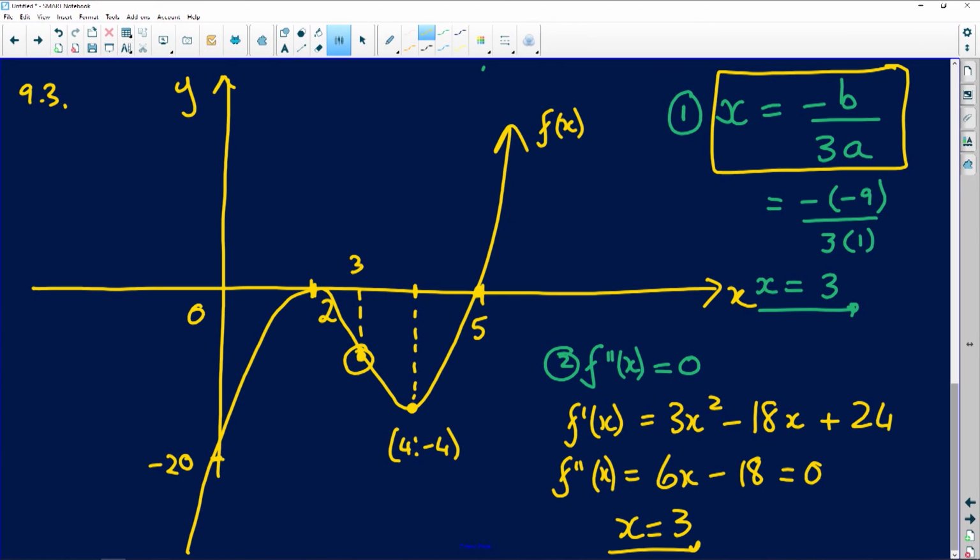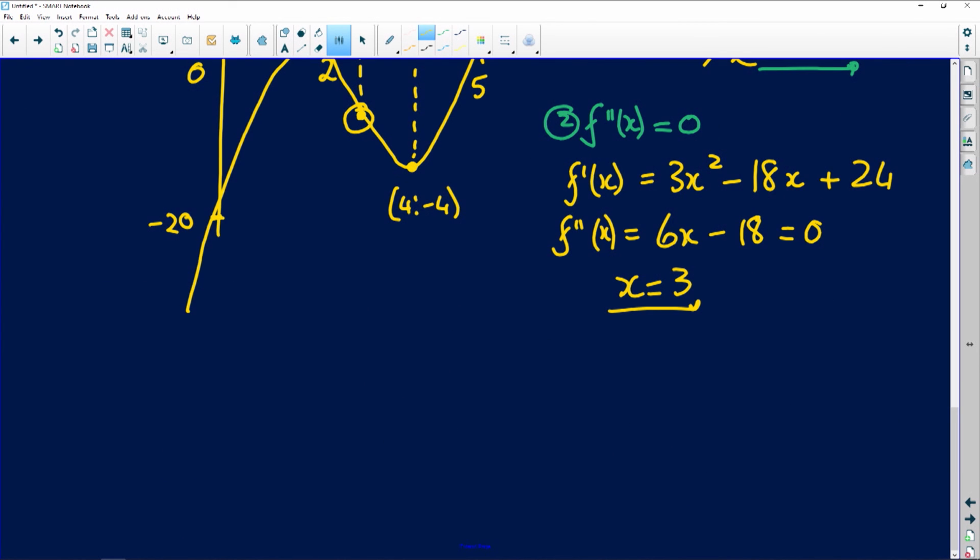So the gradient is decreasing, decreasing, decreasing, going through the point of inflection, and then it increases. Okay, so that's what the point of inflection indicates, where the curve changes its concavity. Remember that.